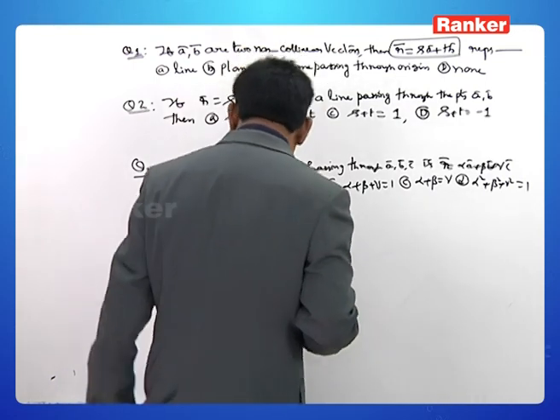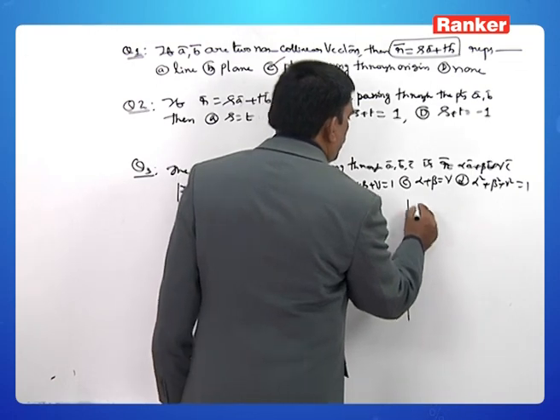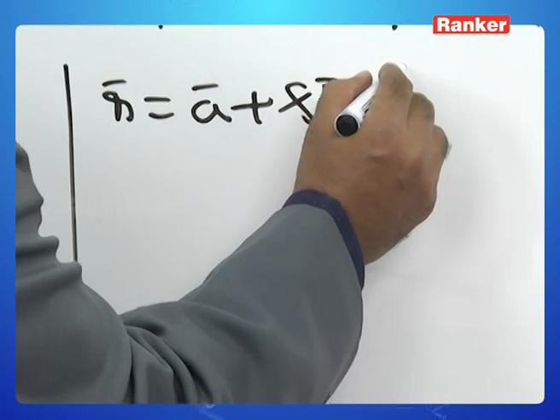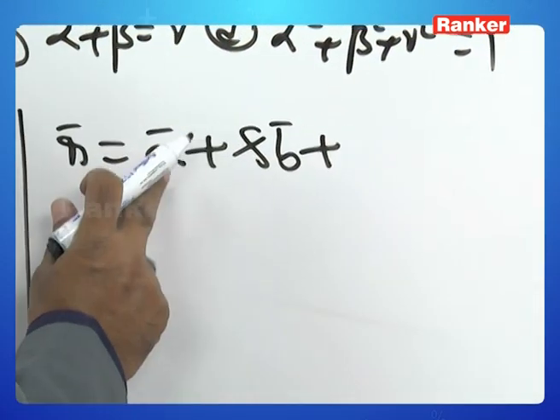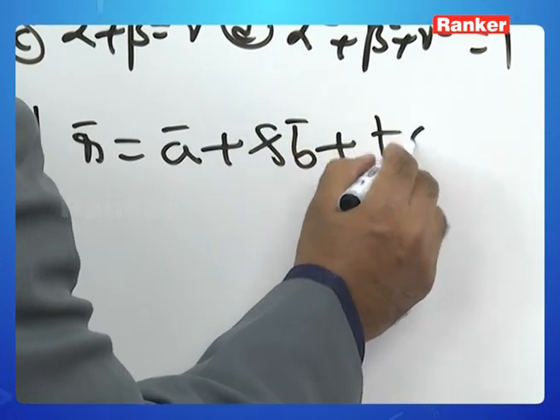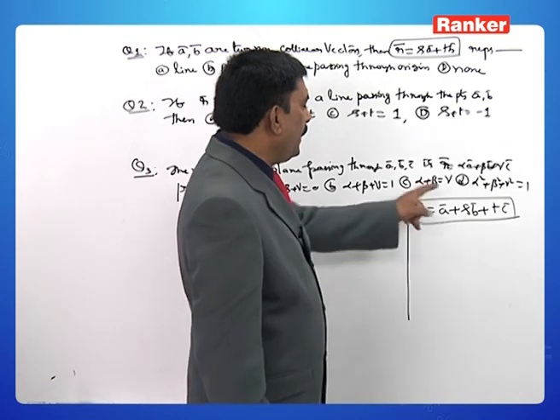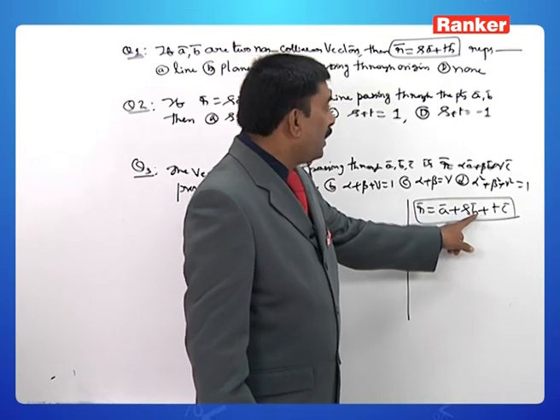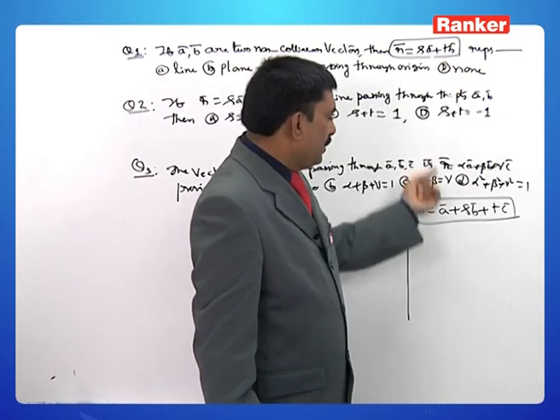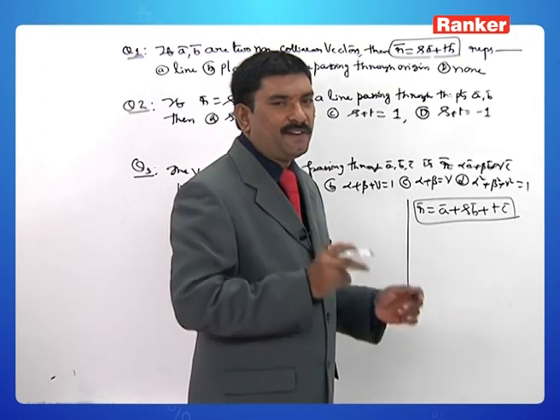One is r bar equal to a bar plus s b bar plus t c bar. This is a vector equation of a plane passing through the point a bar and parallel to vectors b bar and c bar. But in place of b bar, you have a bar, in place of c bar, you have b bar, and in place of a bar, the origin is there.